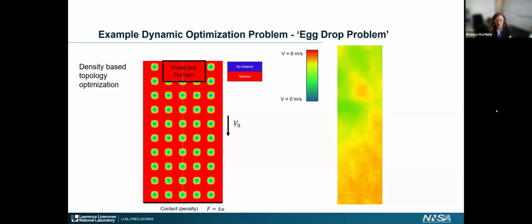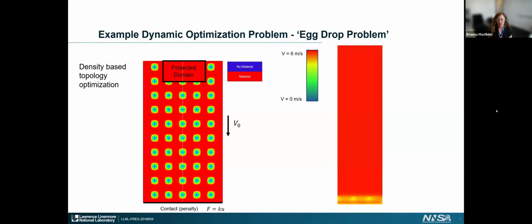So you can see our problem setup over here on the left. We have this square at the top that is representing our quote unquote egg that we're calling our protected domain. We are starting off with the density-based topology optimization approach. And this is our starting structure over here on the left, where we're starting off with an array of holes in our initial structure. The entire domain starts off with an initial velocity, which it launches at this bottom boundary that we're calling the ground.